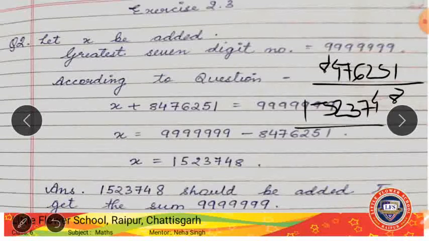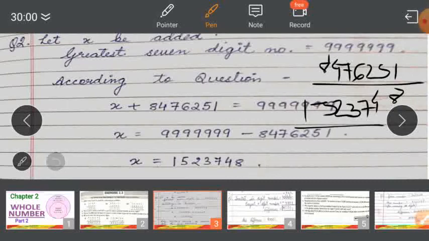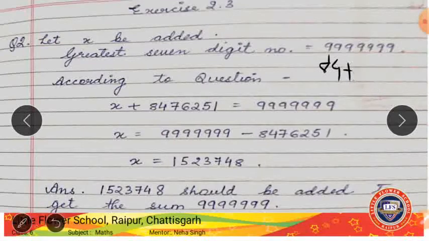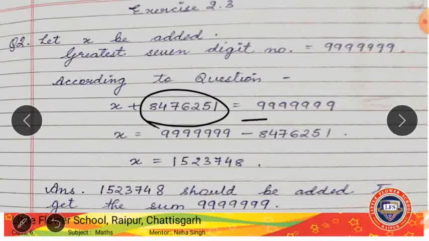The answer is 1523748. So what number did we get? The number to be added to the given number to make it the greatest 7-digit number, that is 7 times 9, is the number 1523748.